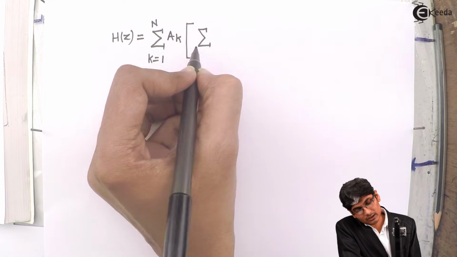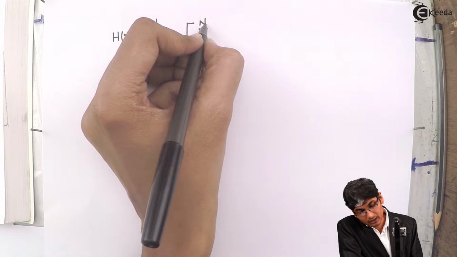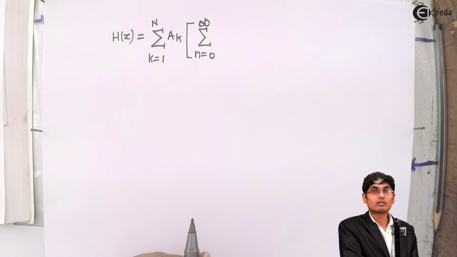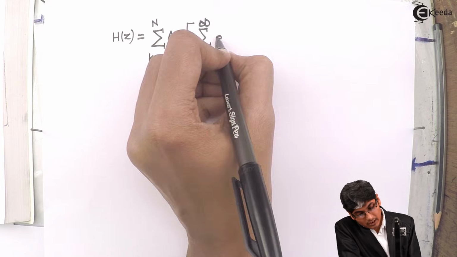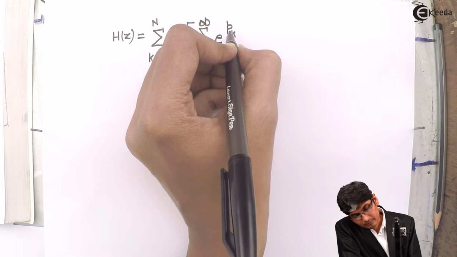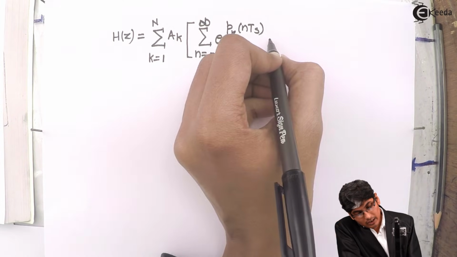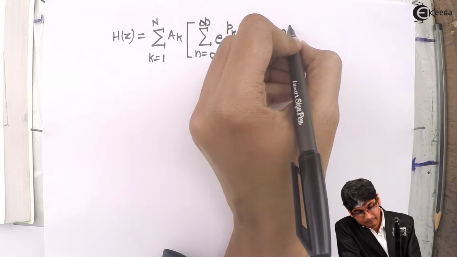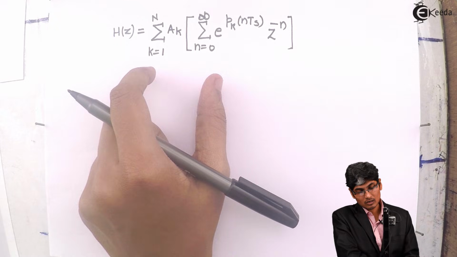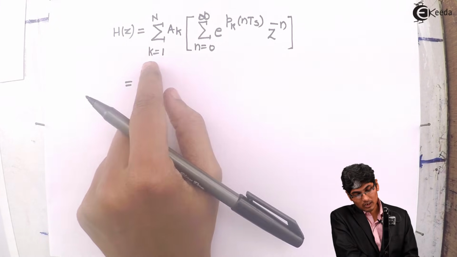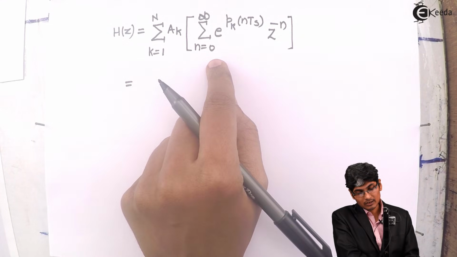Then I'll write the next summation which depends on n, n equal to 0 to infinity, and we will put the rest of the part, which is e raised to p_k into nTs, into z raised to minus n. So as we have interchanged the position of summation, we have brought the k variable outside and kept n inside.